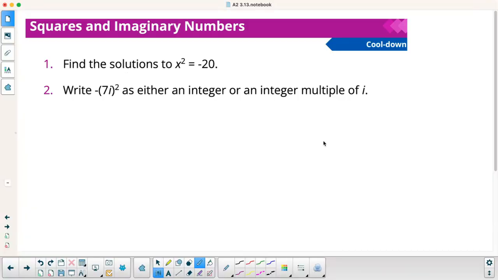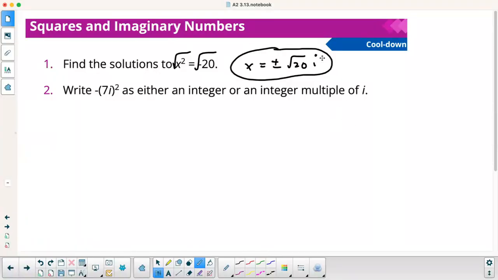All right. Here's our cool down. Find the solutions to this. This doesn't really apply to what we did today, but square root both sides. So x equals plus or minus the square root of negative 20, which is the square root of 20 times i. Now our book, this Illustrative Mathematics book, leaves it like that, which drives me insane.